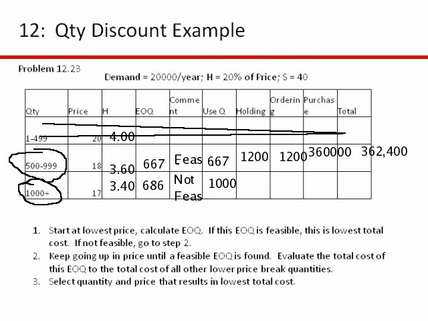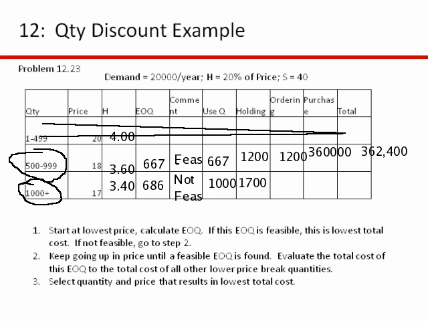We're going to compare this $17 price for the minimum that we can order at that price, which is 1,000. So we're going to use Q of 1,000 for the $17. If you calculate your holding cost, it's going to be 1,000 over 2 times $3.40, which gives you $1,700 for the holding costs.